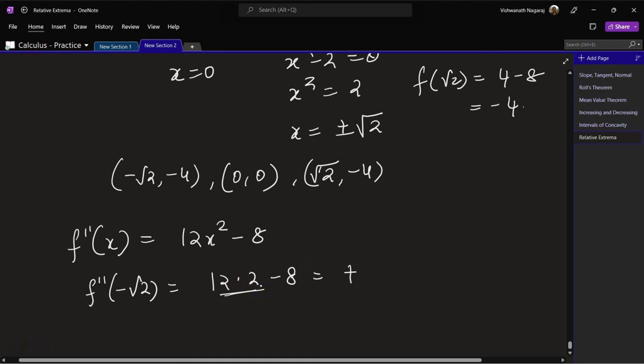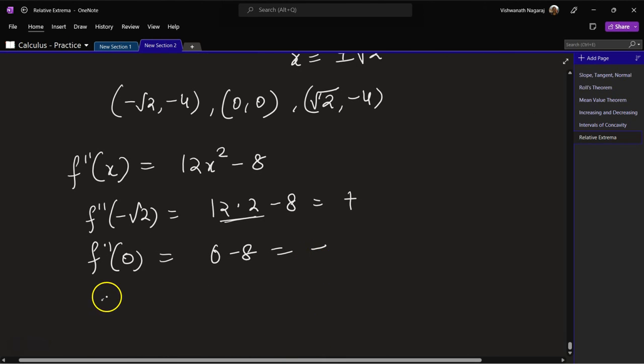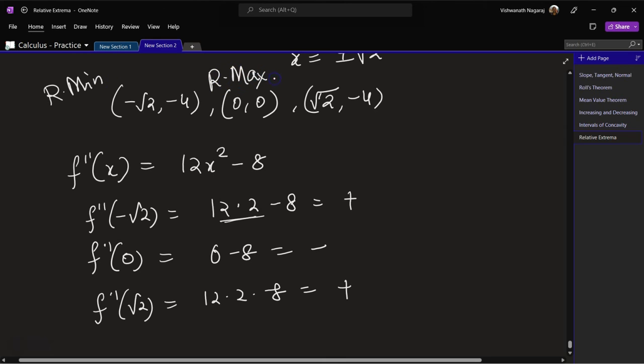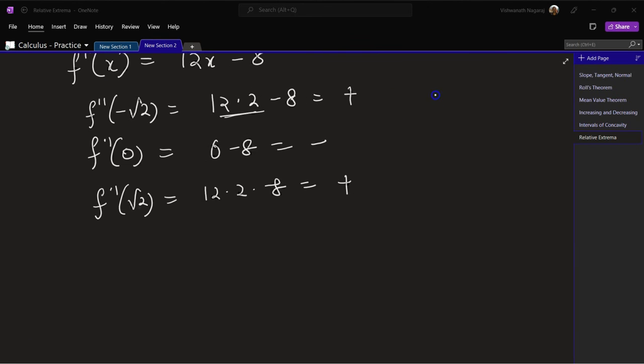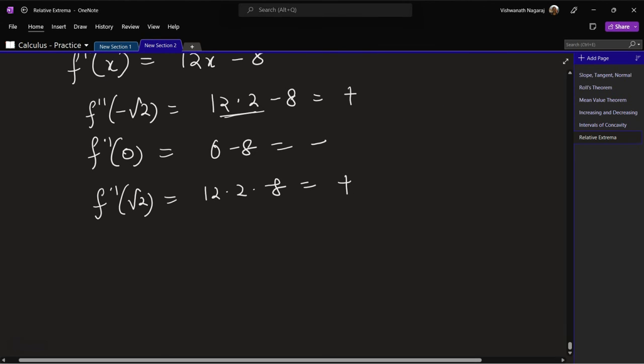This is bigger, so positive, we don't even have to evaluate. f''(0) is equal to -8, which is negative. And f''(√2) is again going to be positive. So that means this is a relative minimum, a relative maximum, and a relative minimum. So that's it. Bye.